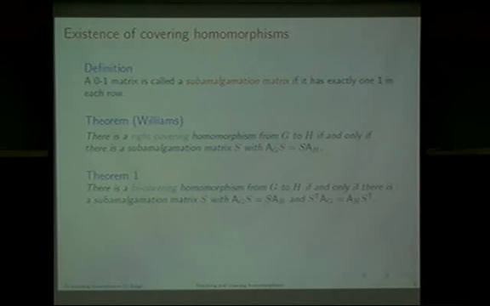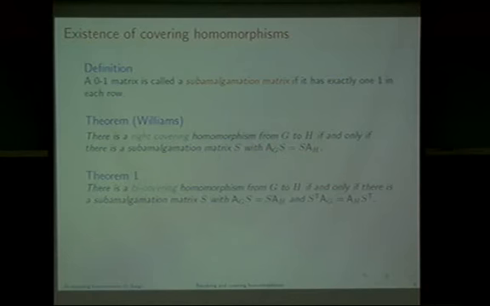So using this sub-amalgamation matrix, in the middle of the 70s, Williams showed that there exists a right covering homomorphism from graph G to graph H if and only if there is a sub-amalgamation matrix satisfying this condition. In this condition, A_G and A_H mean the adjacency matrices of the graphs G and H.